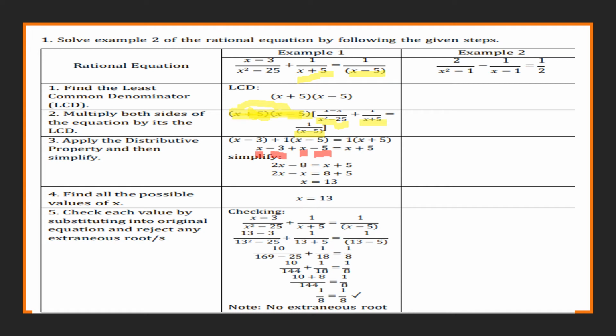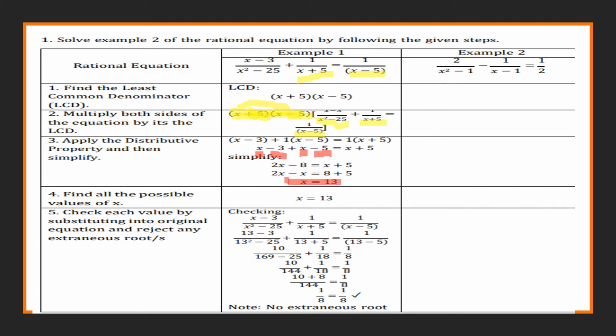And that is equal to, copy x plus 5. Then we use the transposition. The x here will be transferred to this side. So this will become 2x minus x is equal to, negative 8 will be transposed, so positive 8 plus 5, then x equals 13. So our answer here is x equals 13.